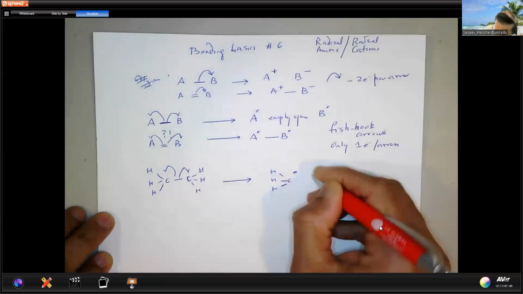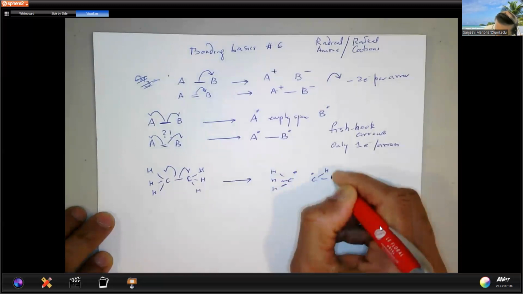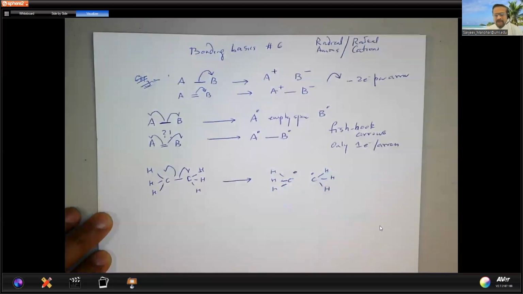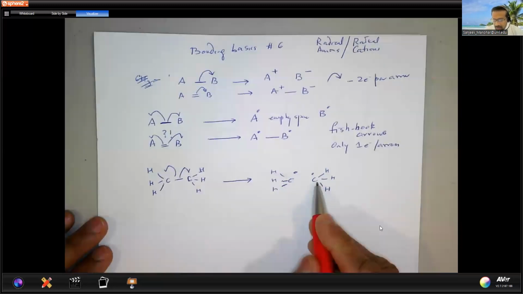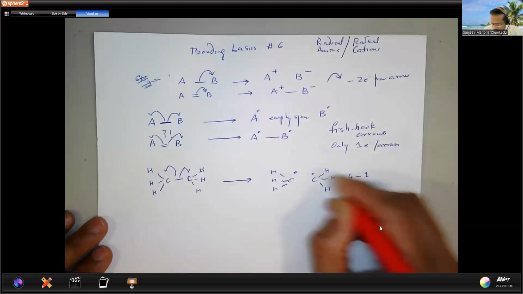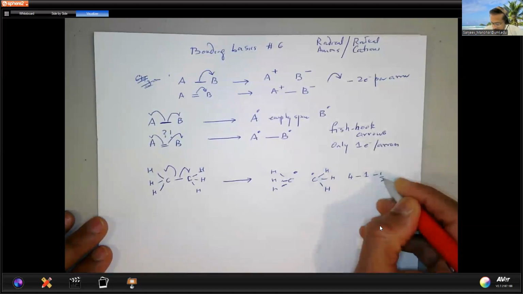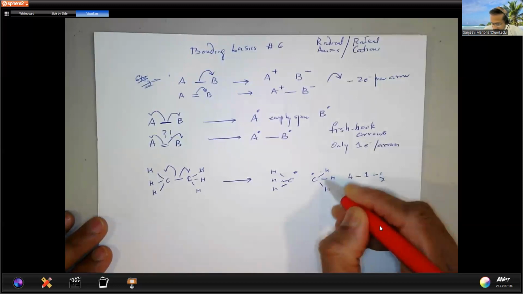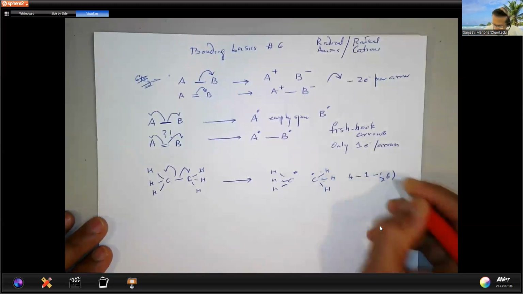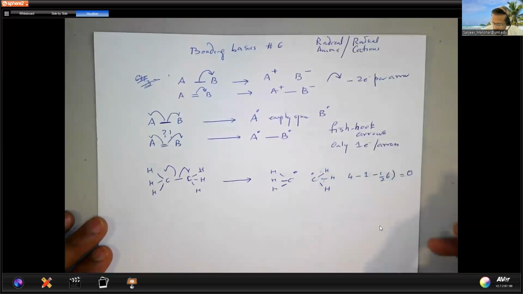That's the electron that is moved. And this side, you have the H, H, H as well, correct? So what's the formal charge on this? 4 minus 1, right? There's 1 there. And minus half of what? 1, 2, 3, 4, 5, 6. 4 minus 3 minus 1, that's a 0, right? That's the same here.